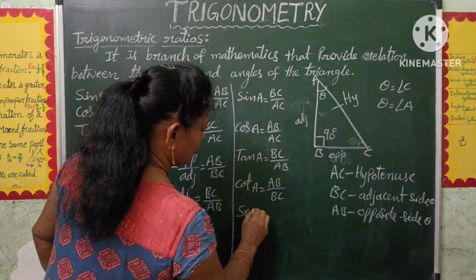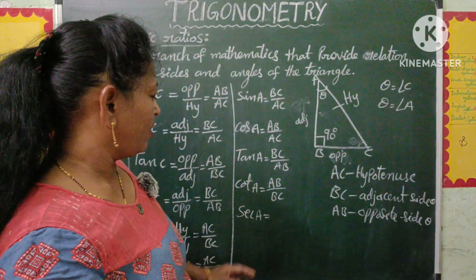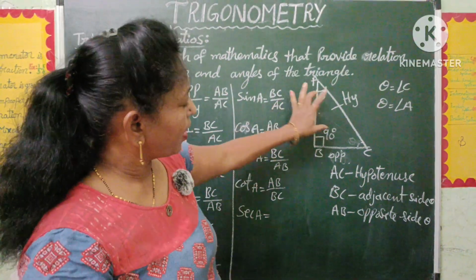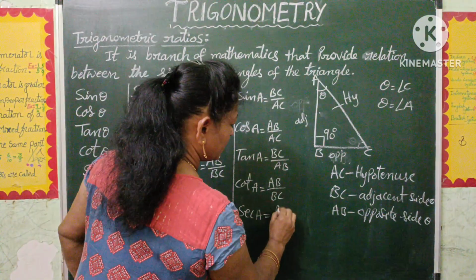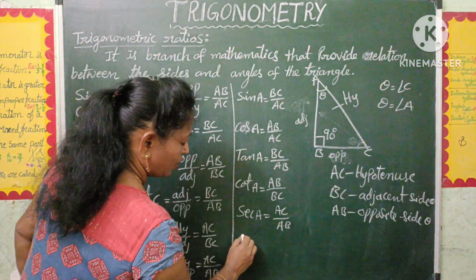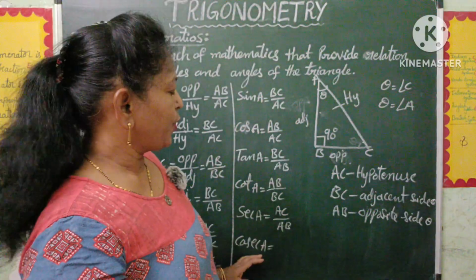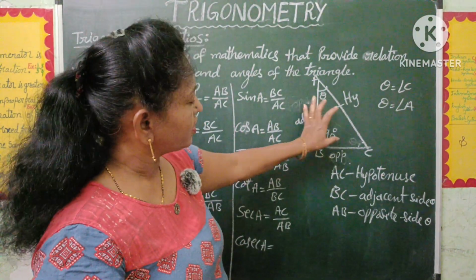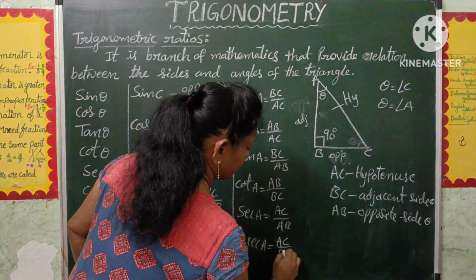Next, secant theta is the reciprocal of cos, so hypotenuse by adjacent. Hypotenuse is AC, adjacent is AB. Next, cosec A is the reciprocal of sine, so hypotenuse by opposite, AC by BC.